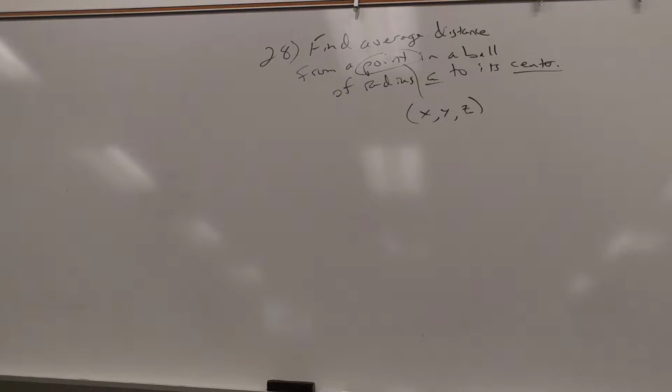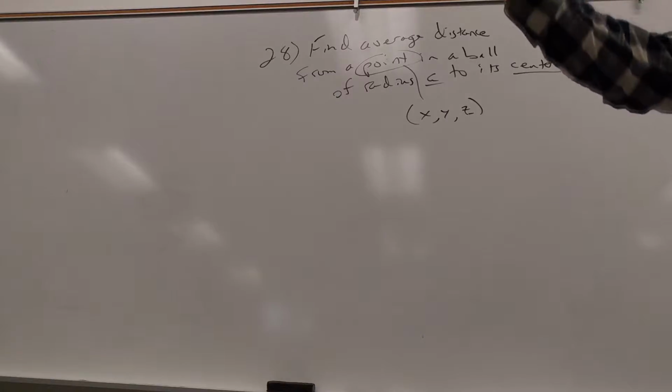I think it was the earlier section where they talked about averaging functions over something. But it doesn't matter what coordinate system you're using, you still find the average function value the same way. And that's all I want to do here. I want to find the average function value where the function is the distance formula.